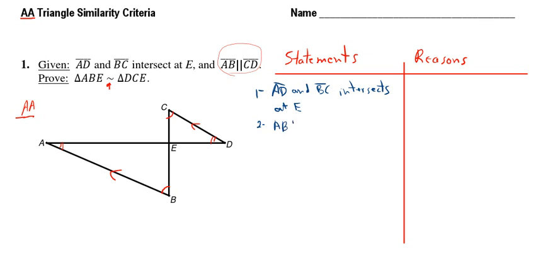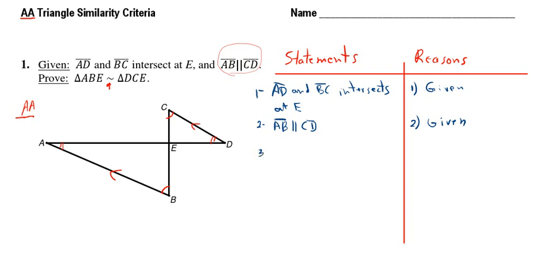So AB is parallel to CD. And what's the reason for number one? Yes, that was given to you. We did not get it from anywhere else. What about the reason for number two? Yes, that's also given. It's right there, given to you. Now we're going to get something from the given, so the reason is not going to be given anymore.